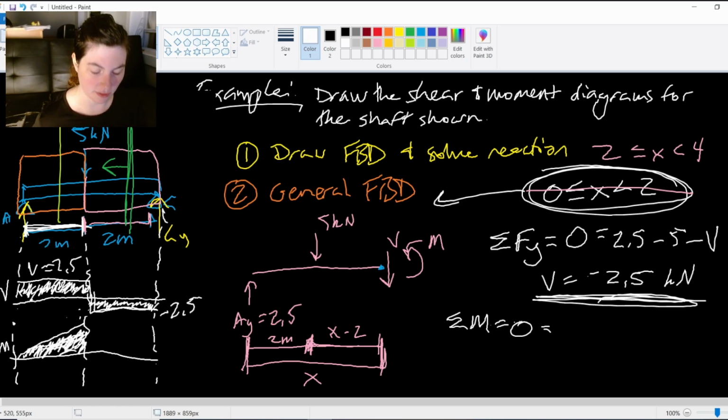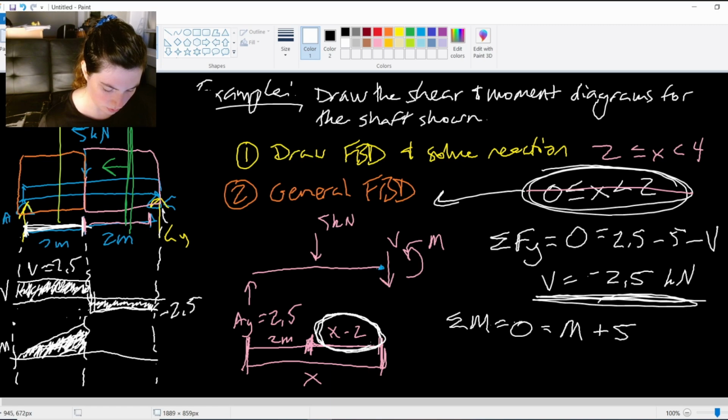And then I can do the same and I can find my moment equation. So my moment, taking my moment about my blue point here, about my x location, is the moment plus this 5 kilonewtons times the distance away, which is x minus 2. Right? 5 times x minus 2.